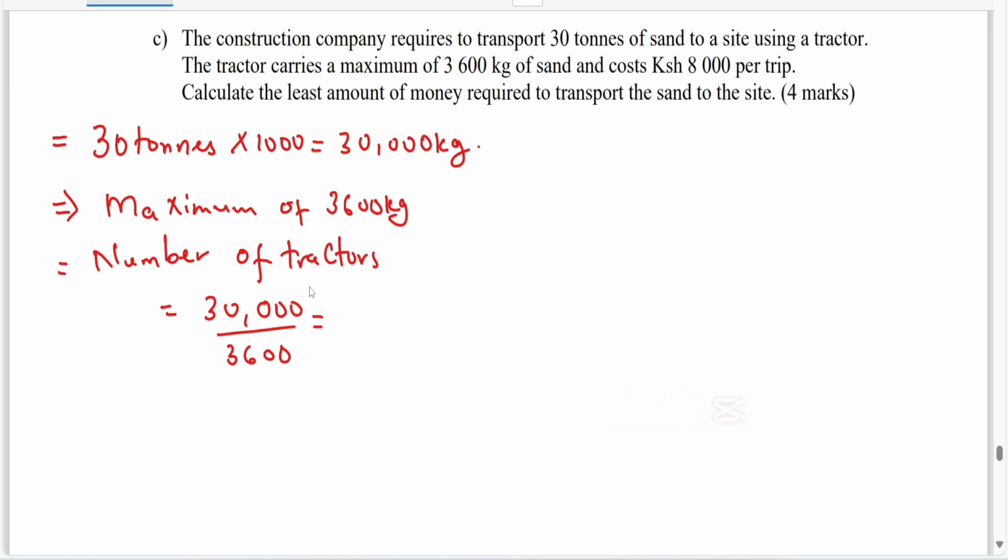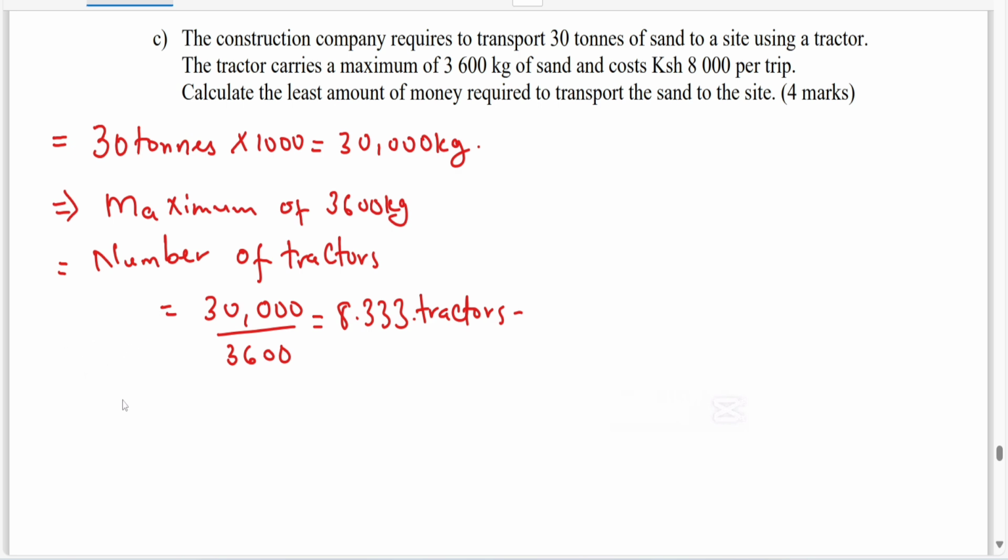How ndo tupate the number of tractors. So if you take 30,000 divided by 3,600, gives you 8.333 tractors. Okay. So that's the number of tractors that are required to carry those sands.